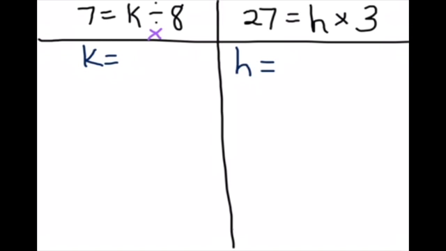Okay, so if you looked at solving K first, I hope you were able to figure that out. When I gave you that little hint earlier about using the inverse operation, by switching the division sign to a multiplication sign, that would be like saying 7 times 8 equals K. Because we know when we divide, K is the big number, right?